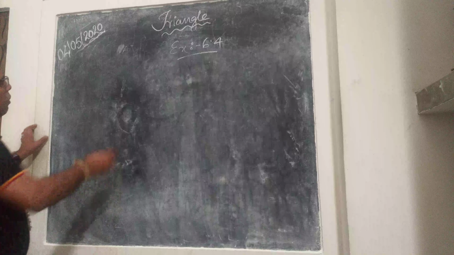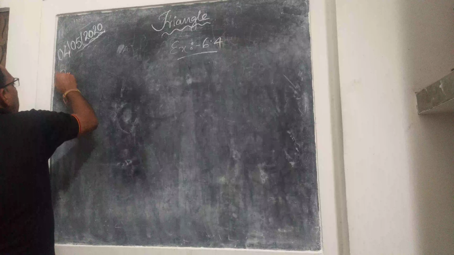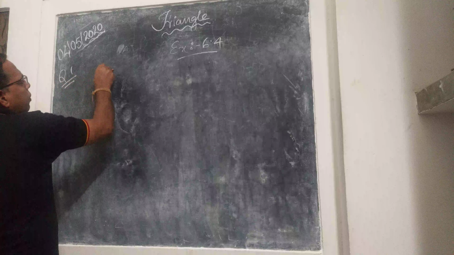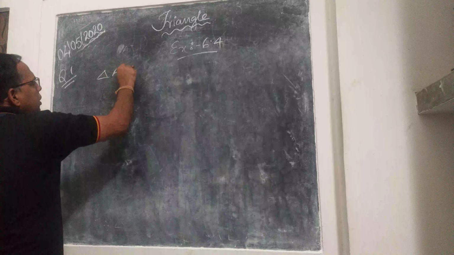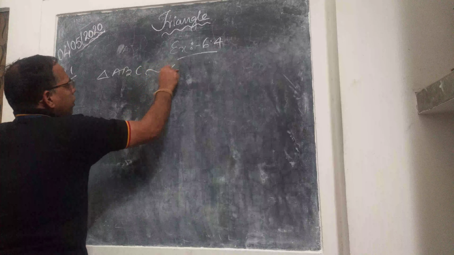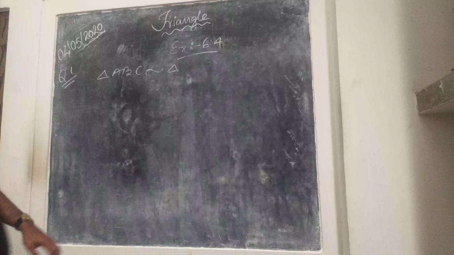What is given in question number 1? Triangle ABC is similar to triangle DEF.